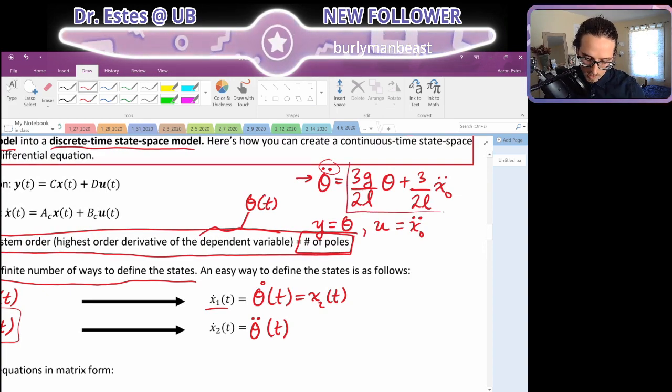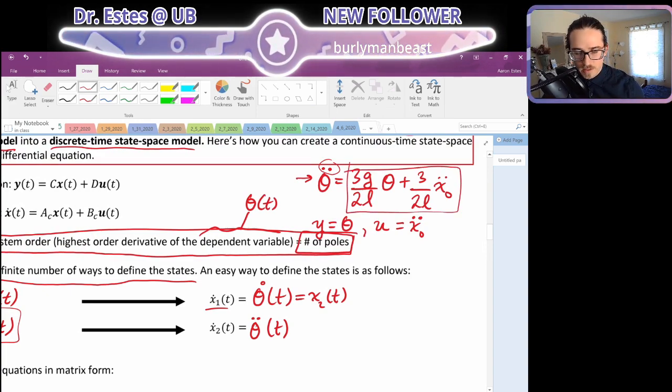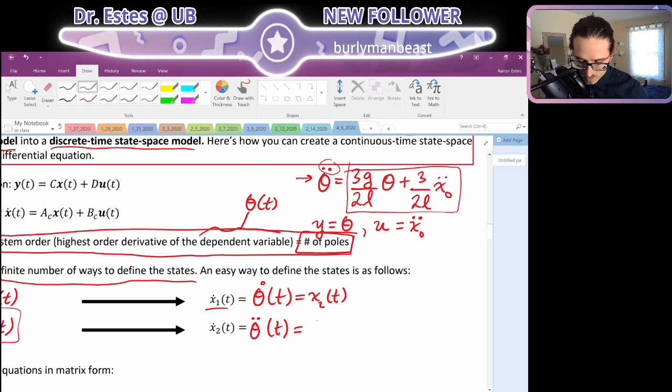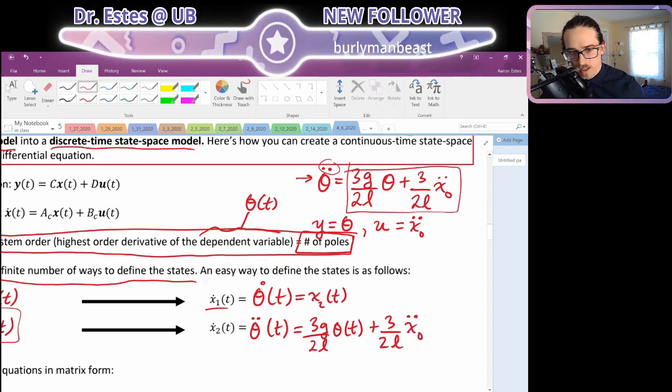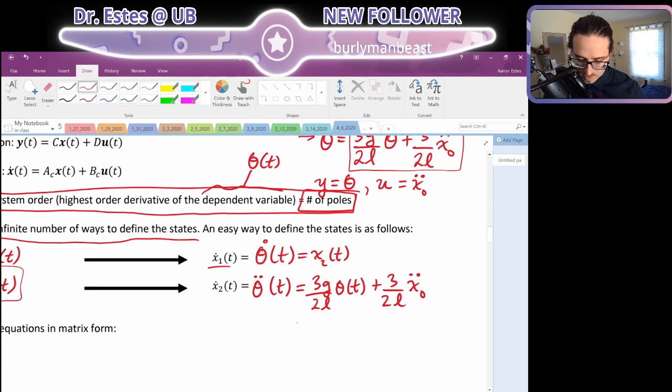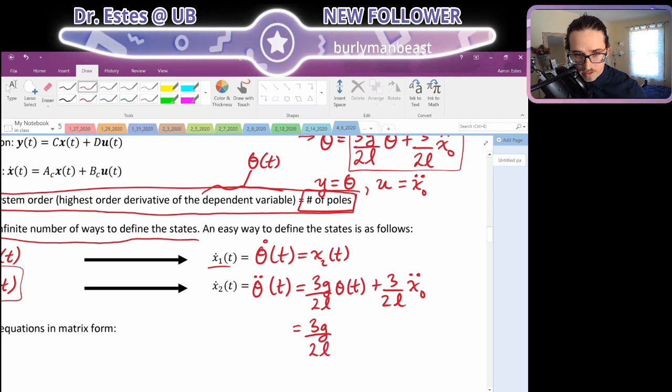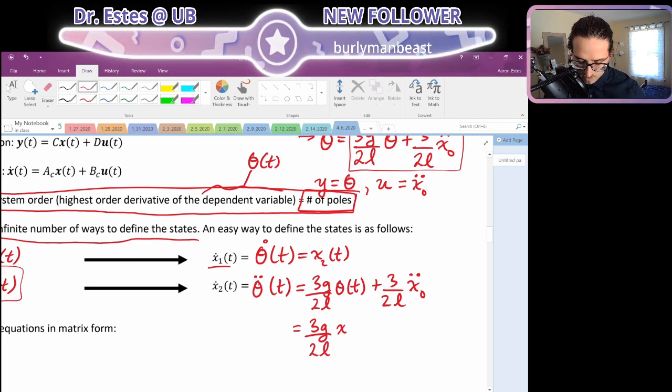And look up here, we already have the equation for theta double dot from doing the hard work of making our equation of motion. So this is 3g over 2L times theta of t plus 3 over 2L times x double dot. So the acceleration of the base. And just like we did for the first state, I want to write this in terms of our states. So like theta is x1.